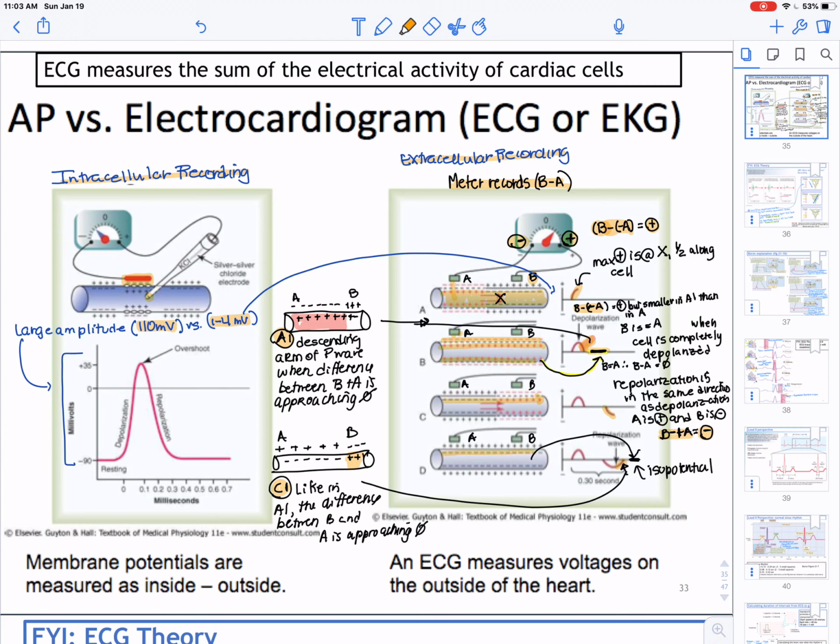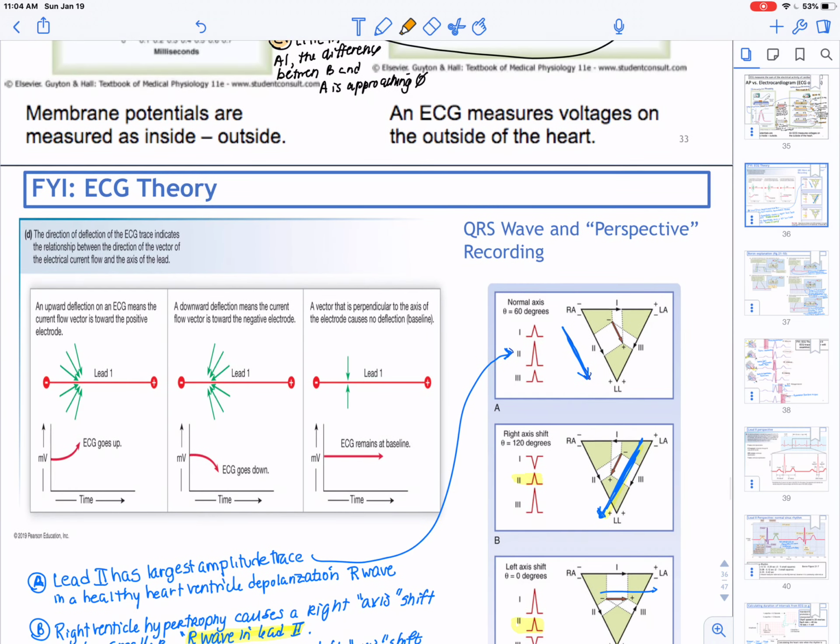And then finally, the heart is back to resting potential everywhere, and we're back in an isopotential time because there's no difference in charge between A and B. Happy to chat more about this in person.